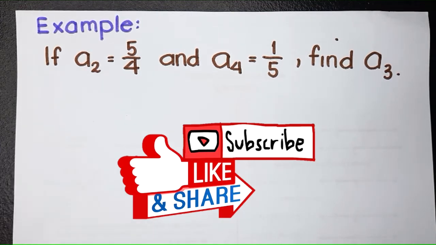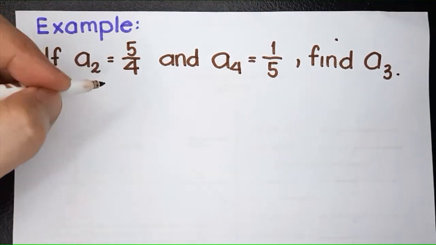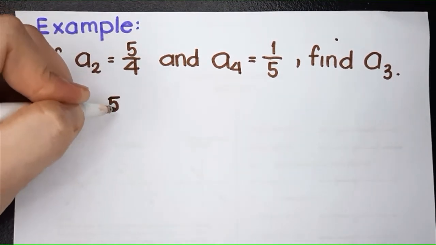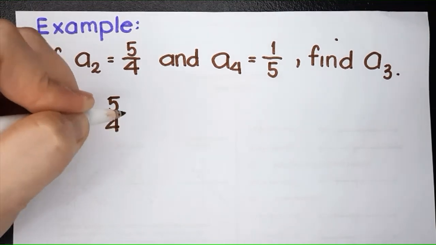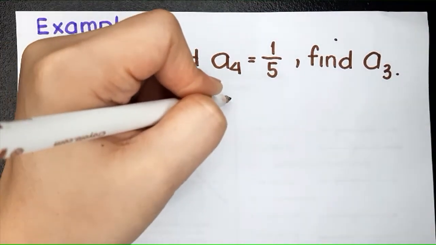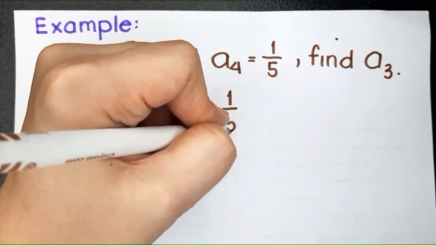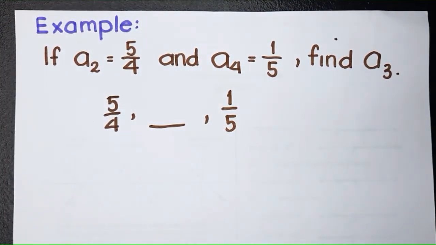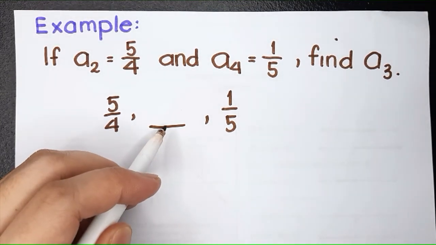So, mas maganda isulat nyo muna siya sa sequence form niya. Parang ganito. So, 5/4, this is your a sub 2, and then you're looking for a sub 3, and a 4 is given. It's 1/5. Okay? So, parang kagaya to nung kanina. Kaso, isa lang yung i-insert natin.